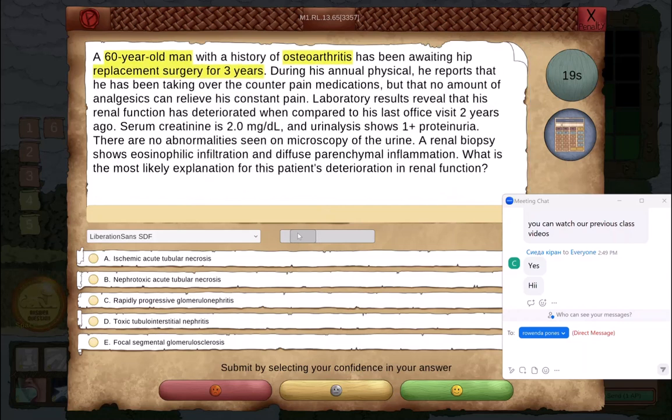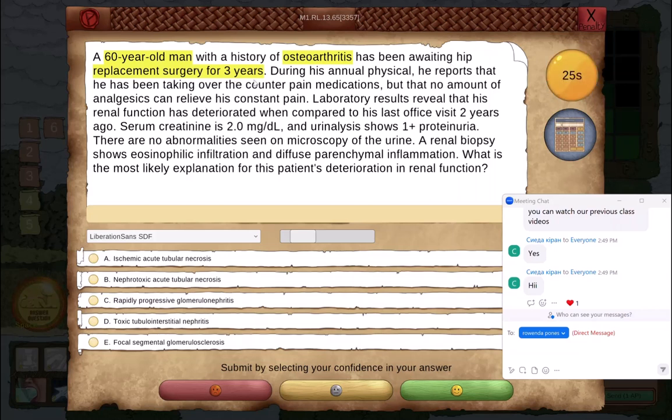But let's see. A 60-year-old man with a history of osteoarthritis has been awaiting hip replacement surgery for 3 years. During his annual physical, he reports that he has been taking over-the-counter medication, but no amount of analgesics can relieve his constant pain. Laboratory results reveal that his renal function has deteriorated compared to his last office visit 2 years ago.